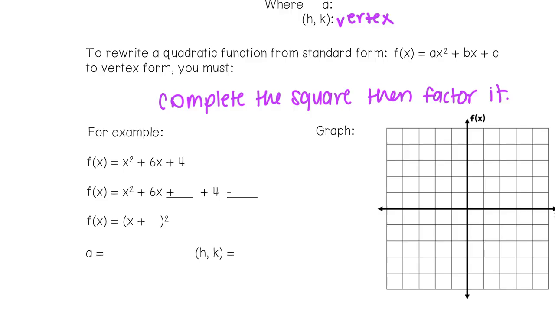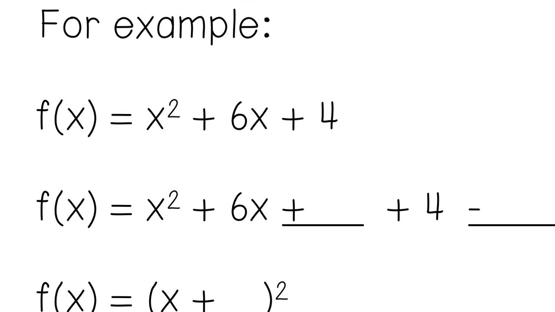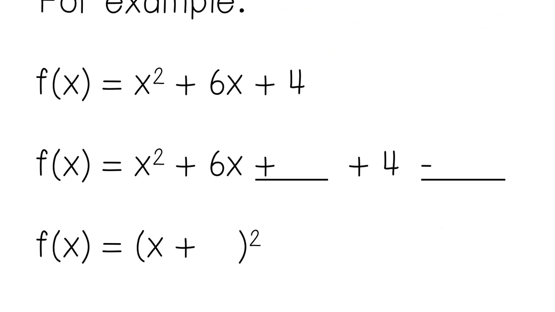Looking at this example, this is what they're giving me: x squared plus 6x plus 4. I'm still going to have my ABC. So 1 is my A, 6 is my B, and 4 is my C. How are we setting up completing the square? When we factored it, we had those two blanks.